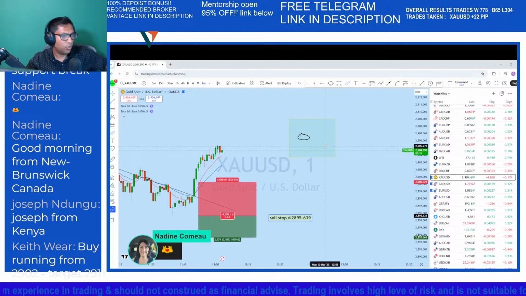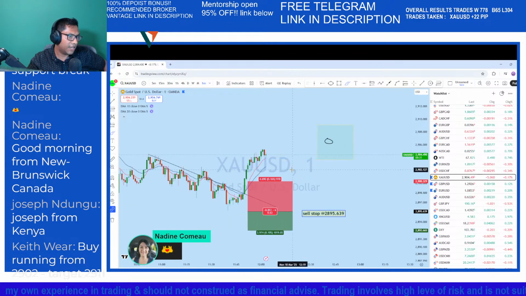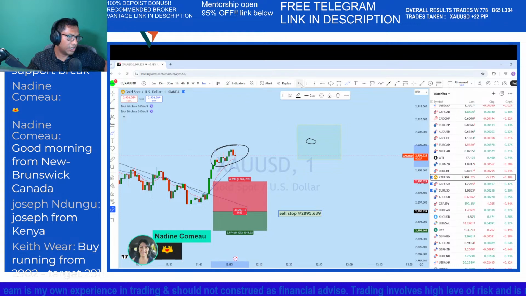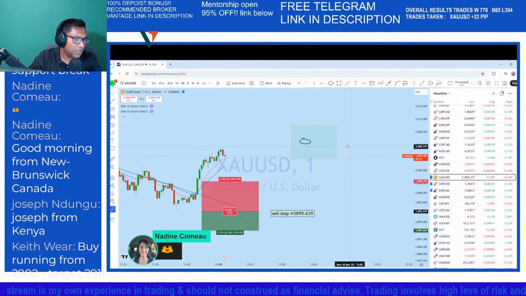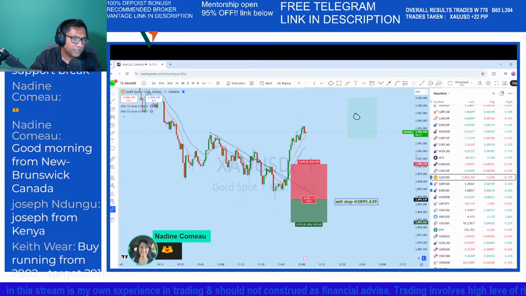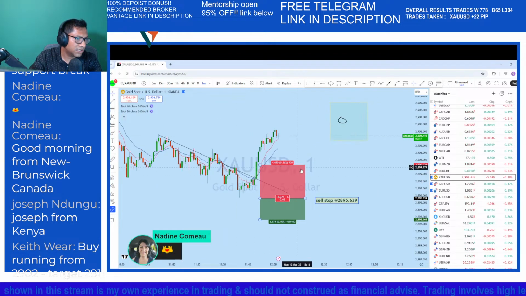Okay, so what we can see on XAUUSD is this market in this zone here. This is a very narrow channel, and with that narrow channel, we would like to see the market coming down to the support level here.